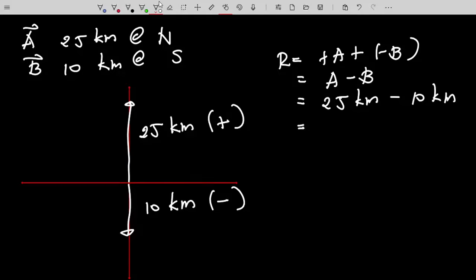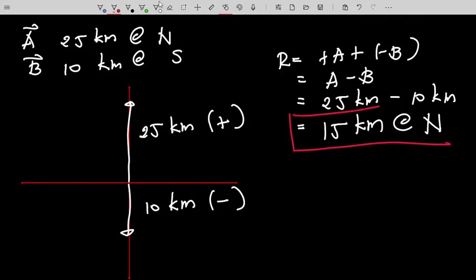Now let's try to subtract these two. Now 25 minus 10, we should have the value of 15 kilometers at north. Now this is actually the magnitude of our resultant force, which is 15 kilometers at north. We should know that it has a positive sign here because we know 25 is greater than 10.